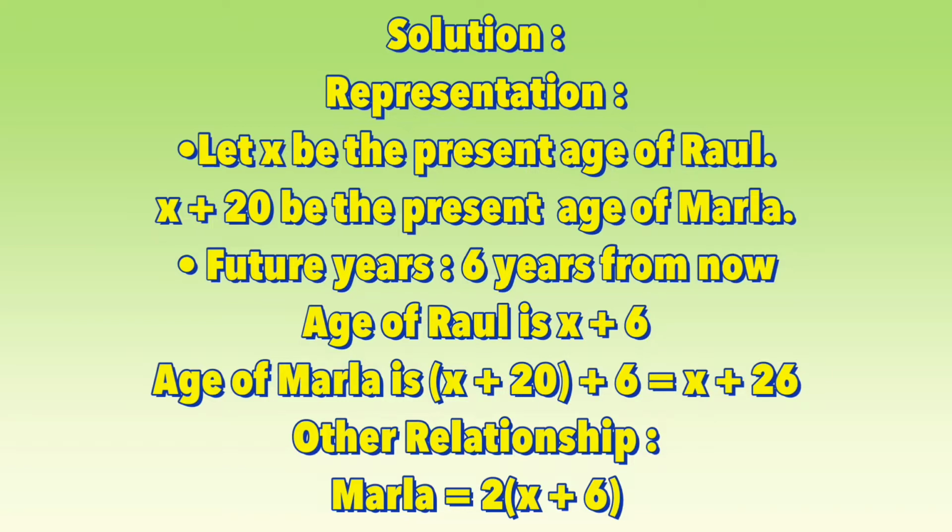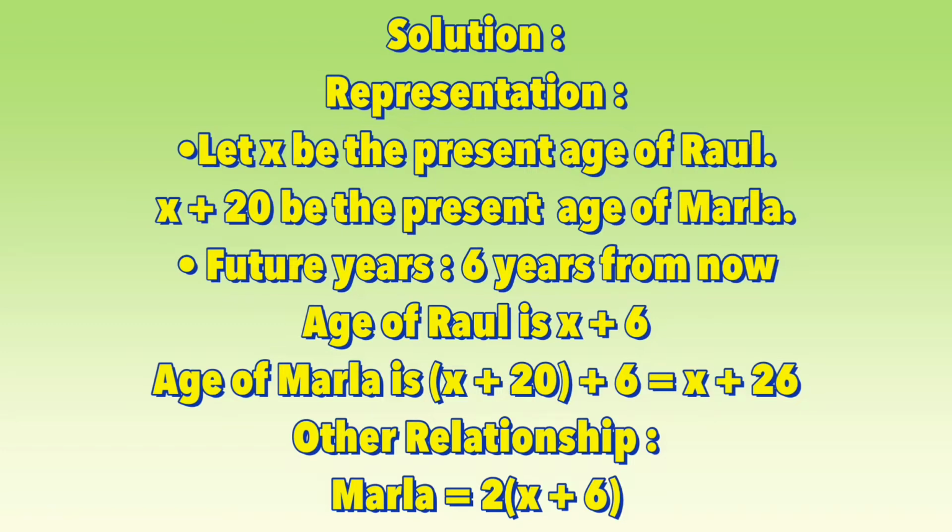Our solution now is representation. Let x be the present age of Raul, x plus 20 be the present age of Marla, and we have to consider the future years. The future years is 6 years from now. Future years we're going to add to the present age.